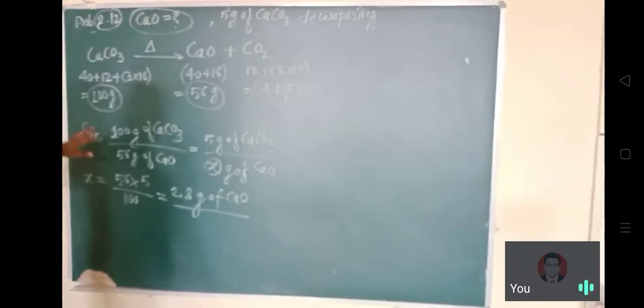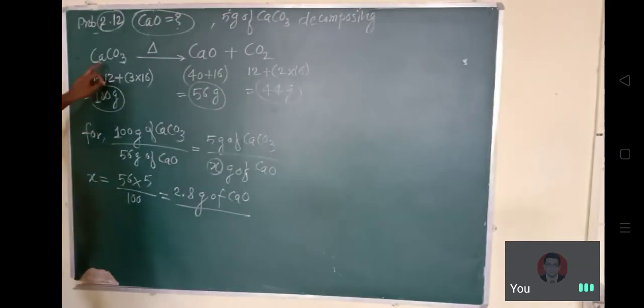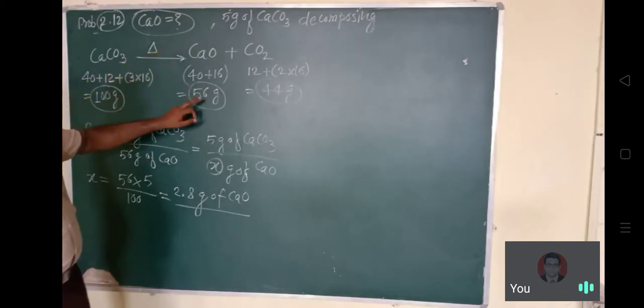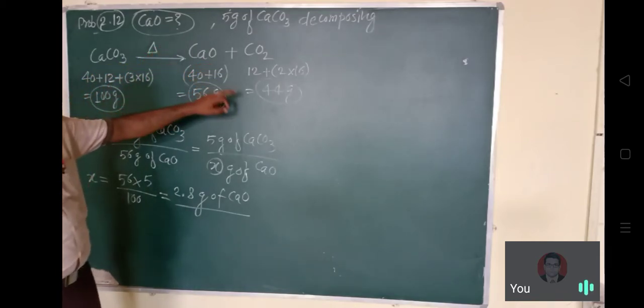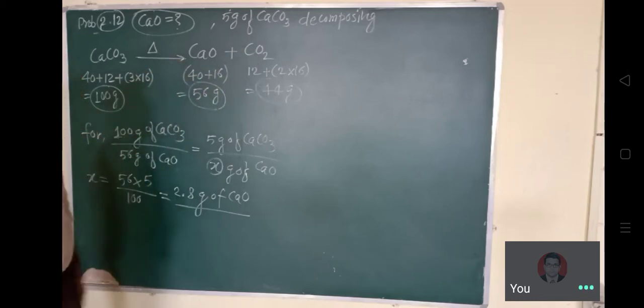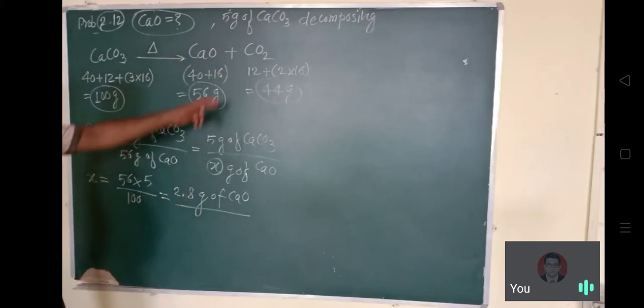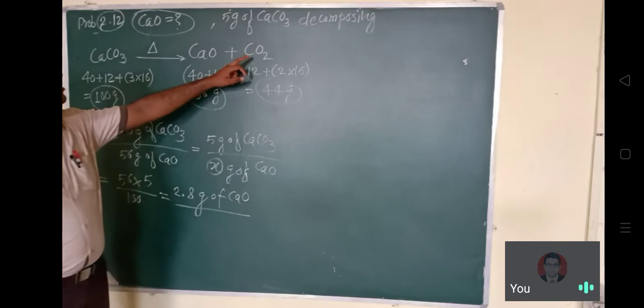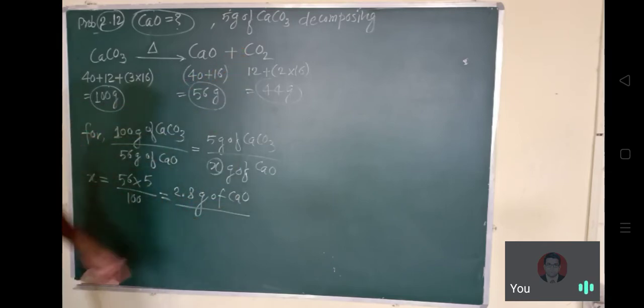Just as when 100 grams of calcium carbonate gets decomposed, it forms 56 grams of calcium oxide and 44 grams of carbon dioxide. We can calculate for the carbon dioxide as well, but it is not asked in this numerical. So this is about problem number 2.12, a very simple problem based on stoichiometric calculations.